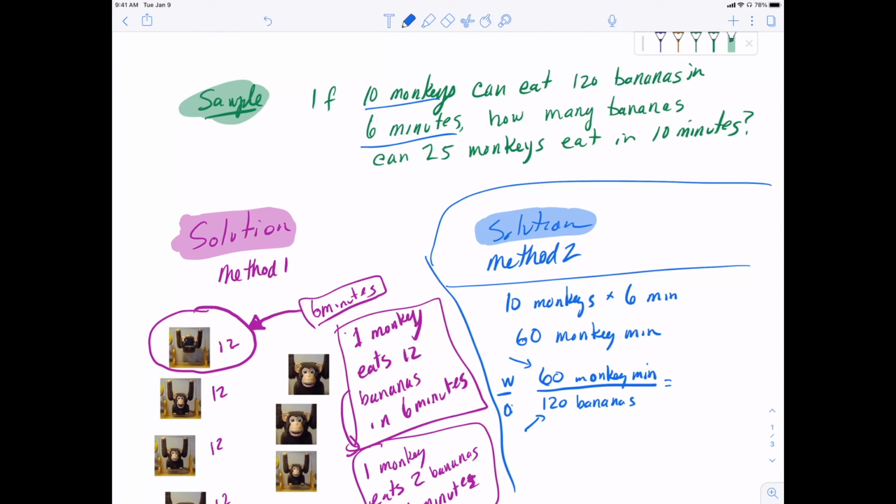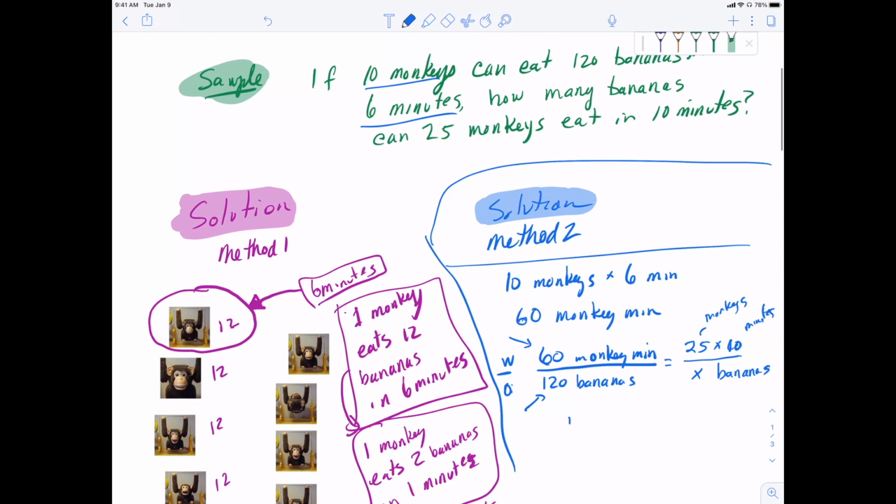So let's see. How many monkey minutes do we have in the second problem? Well, we have 25 times 10. We have 25 monkeys working for 10 minutes. And so that over X, this is how many bananas they can eat. We can simplify this.